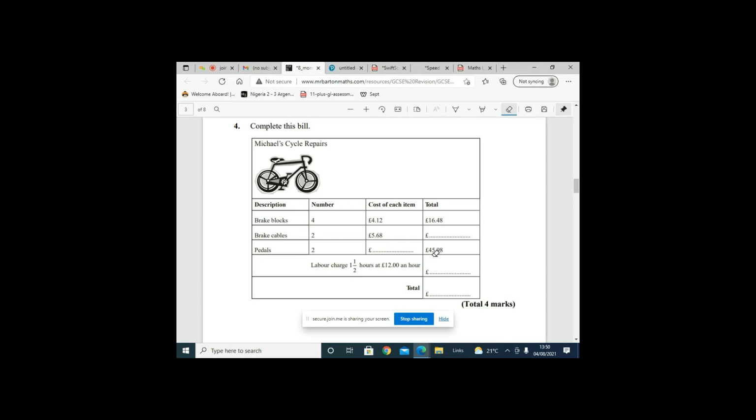Go ahead. This question, the bicycle repair, Michael's cycle block repair. I want to find the values for this.